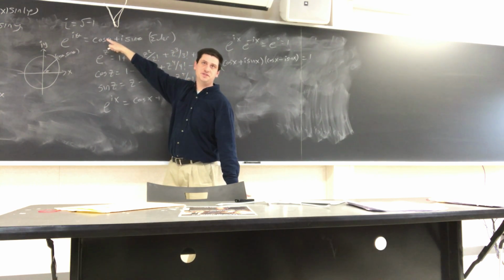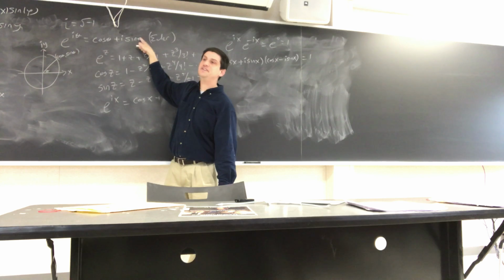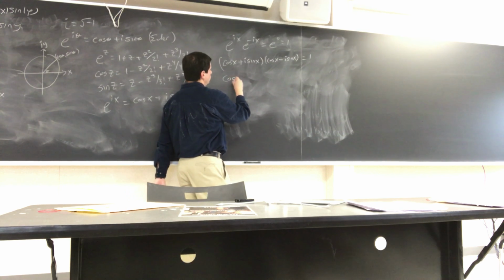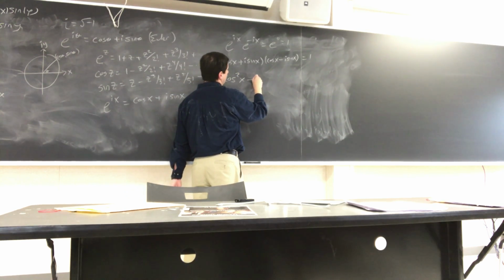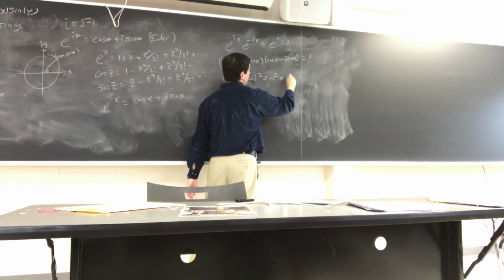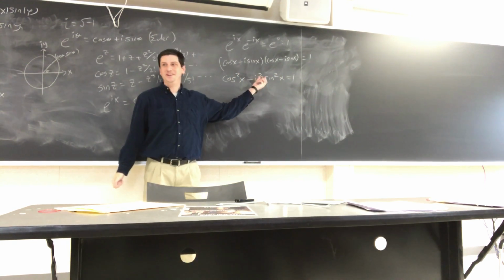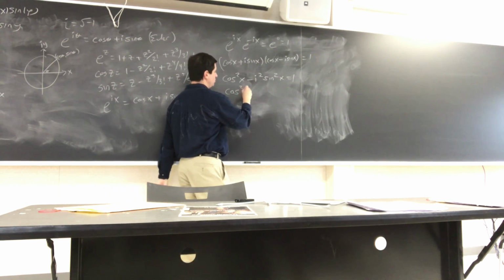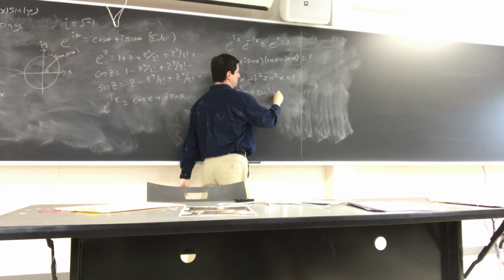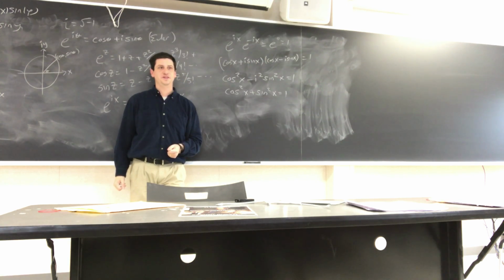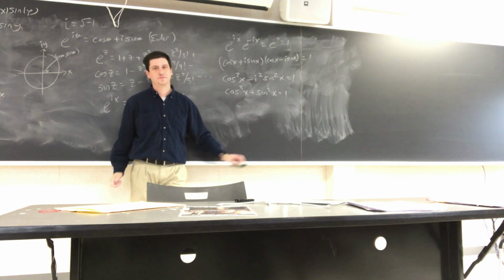Cosine of negative theta is the same as cosine theta, plus i sine of negative theta. The sine of negative theta is just minus sine theta. This is just cosine squared x minus i squared sine squared of x equals 1. Ah, but what's i squared? -1. So this is just cosine squared x plus sine squared x equals 1.